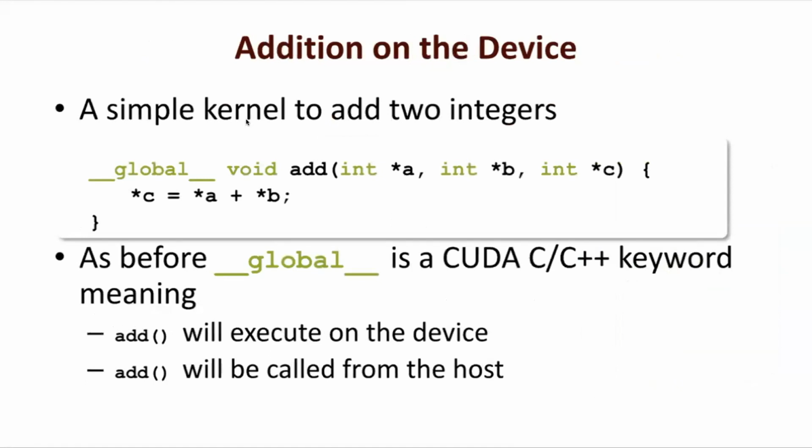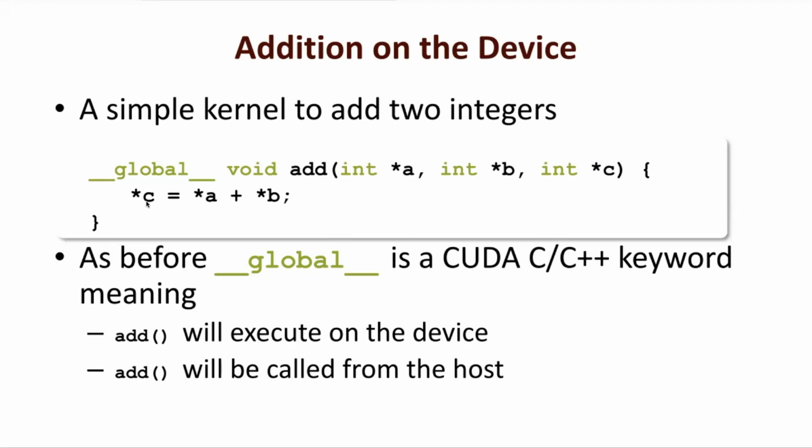Okay, so a very simple case. If we have 2 integers, A and B, we can define this global function that takes integer A and integer B and writes the result back to integer C. For those of you who are familiar with C and C++, we're using pointers, we're using addresses. So C, B, A are pointers. It's just a memory address. And the star here means I want to get the value from this particular memory address.